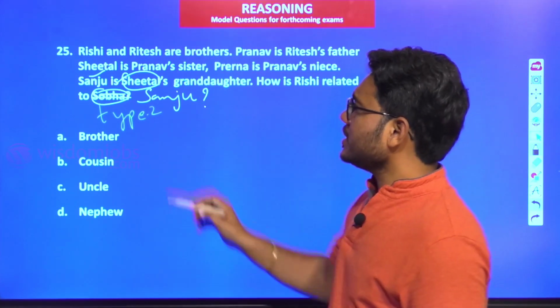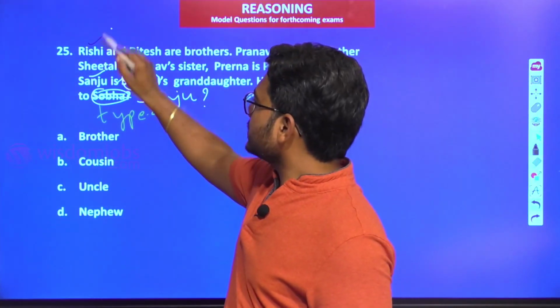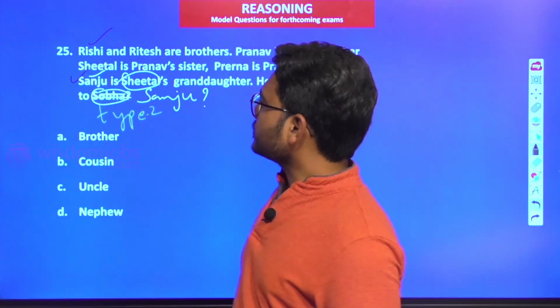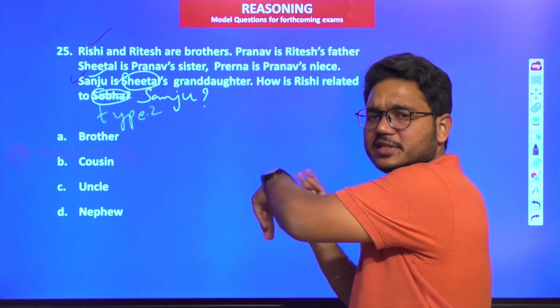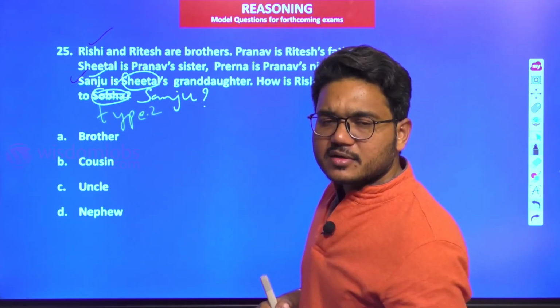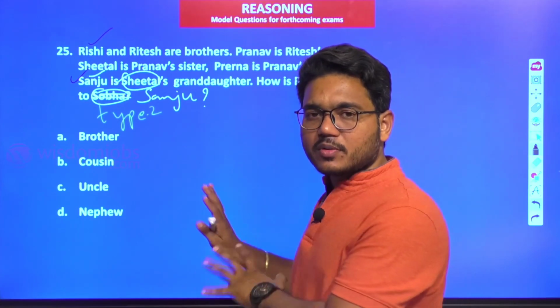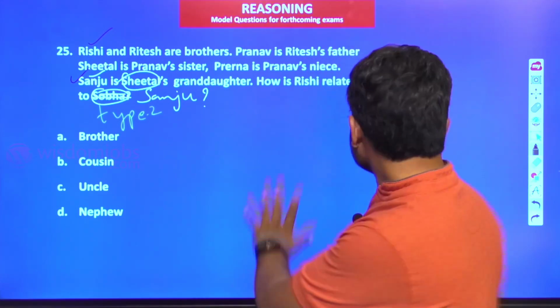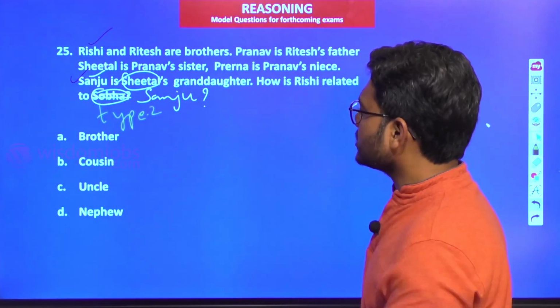We need to identify the relation between Rishi and Sanju. After reading this, you can comprehend that straight away drawing the family tree will solve this problem easily.